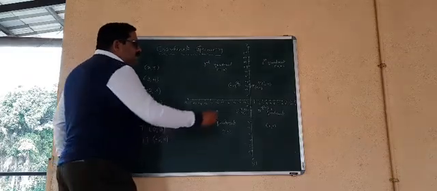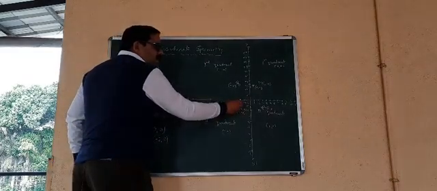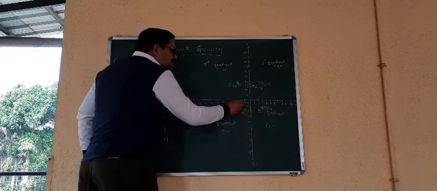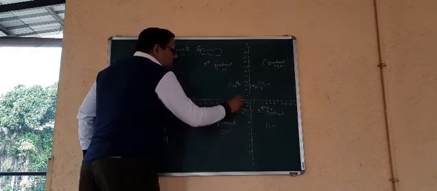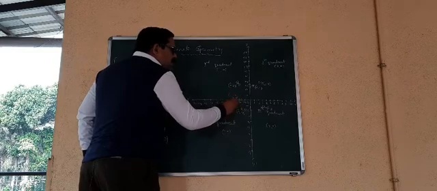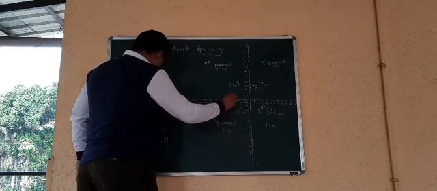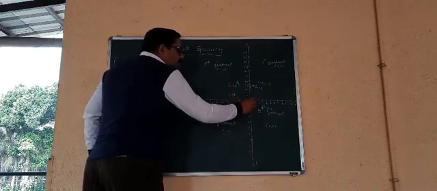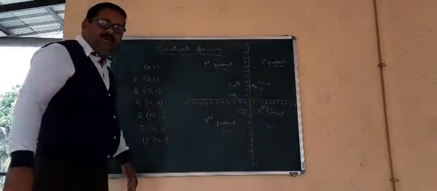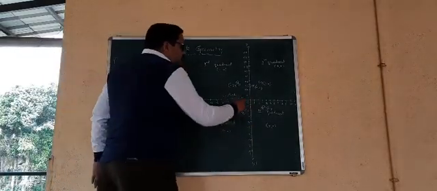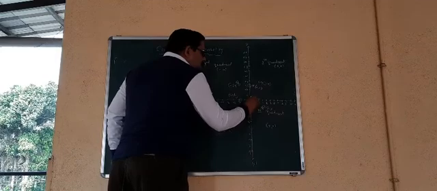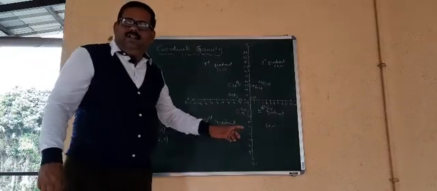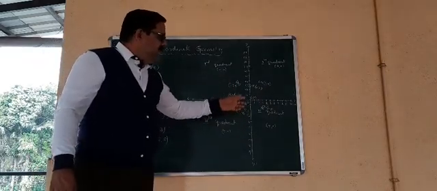So minus 2 is here, this is the value for the abscissa and 0 is the value for the ordinate. So this is point U with coordinate minus 2 and 0. The origin, denoted by O, has the coordinate 0, 0. The coordinate of the origin is always 0 and 0.